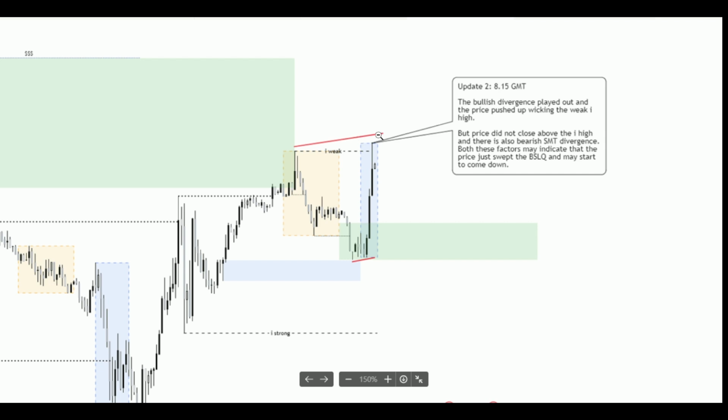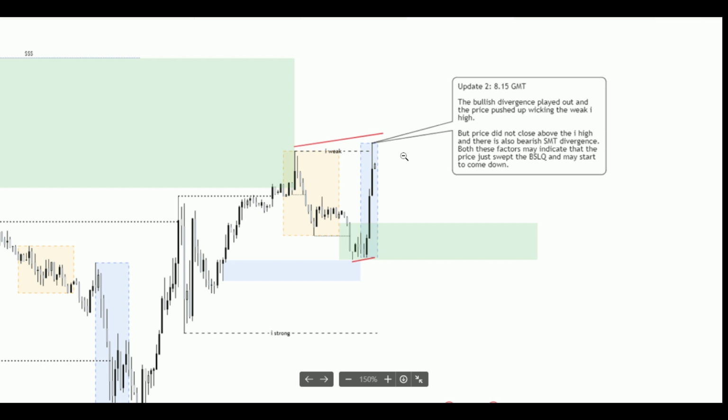So both pieces of information suggested to me that this is just a liquidity sweep and the price is all set to go down. The price did not close above the internal high, and there is also bearish SMT divergence. Both these factors may indicate that the price just swept the buy side liquidity and may start to come down.